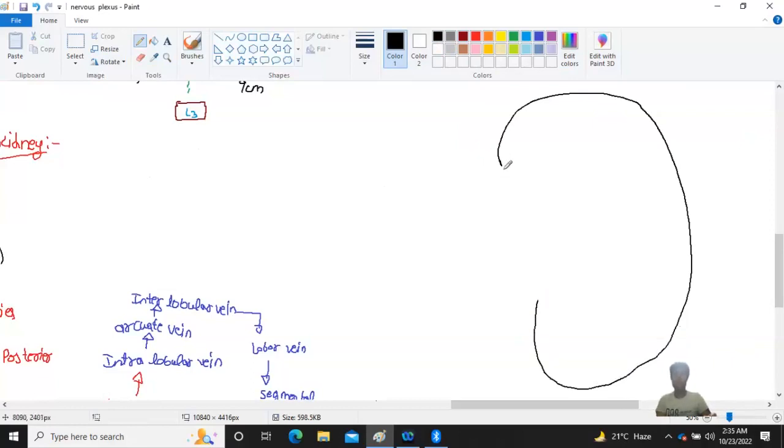Remember, the kidney is divided into many medulla and cortex pyramidal sections. So these are the pyramids basically. These are pyramids.